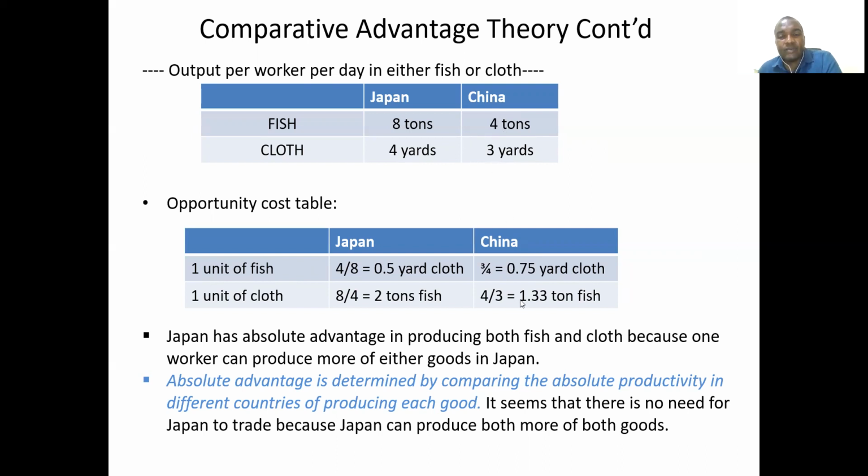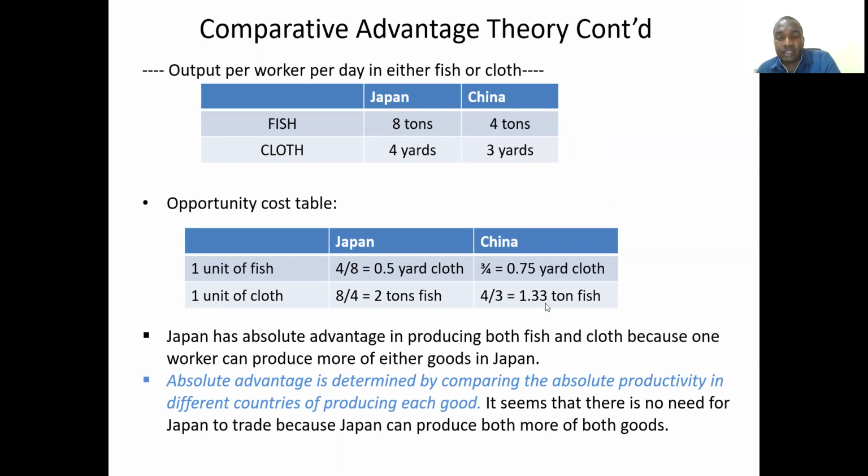And then for 1 unit of cloth or 1 yard of cloth, we take the 4 tons, it comes as a numerator here, so it will be 4 over 3. And then we divide 3 into 4, it goes 1, remainder 1. 3 into 10, it's 3, recurring. 1.333 recurring.